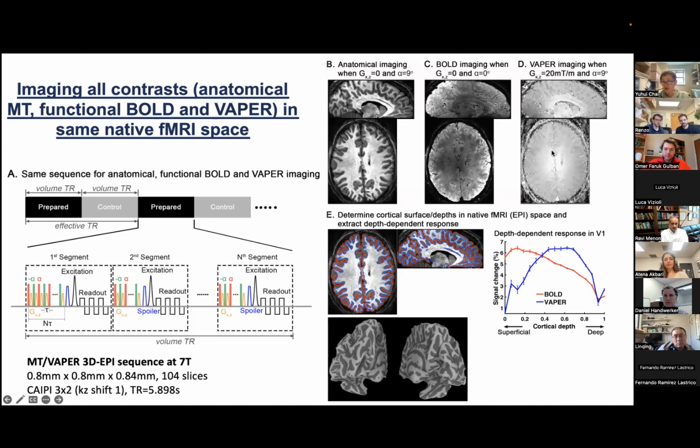Because their acquisition is identical, those images match during acquisition, so we don't need to do any alignment registration. We can do all data analysis in native fMRI space and extract the laminar profile in native fMRI space. The resolution is 0.8 millimeter, with almost whole-brain coverage. The TR is relatively long, 5.8 seconds.